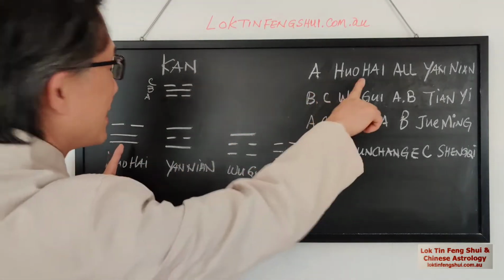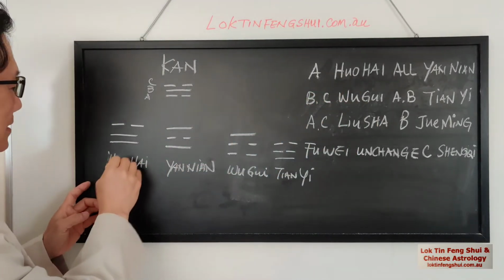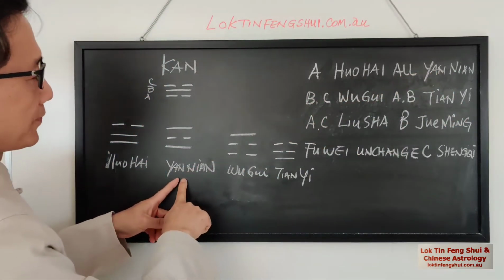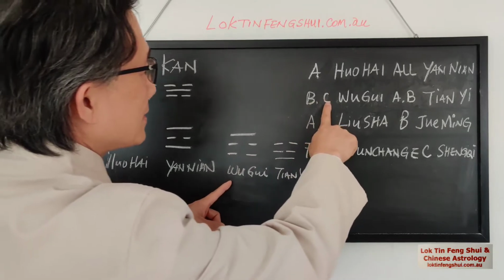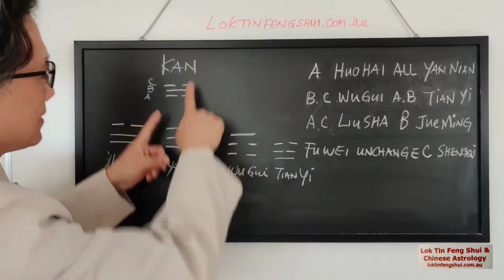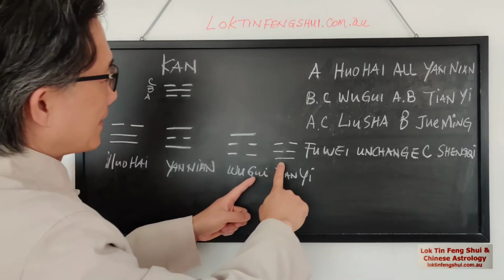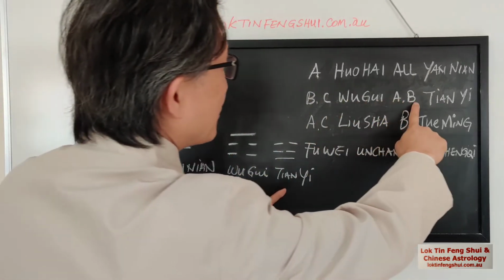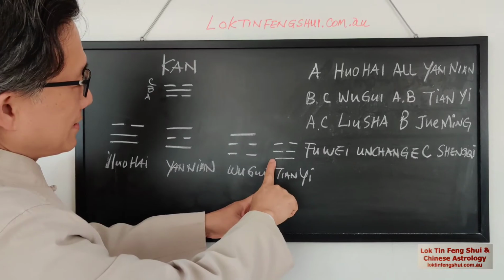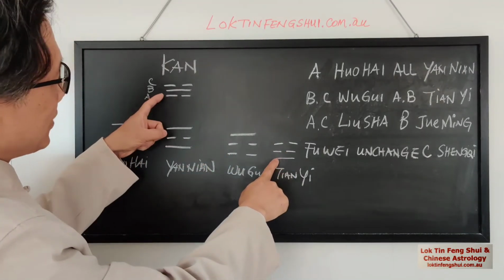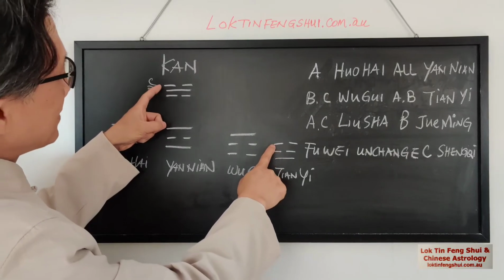So we have the sentences now. The first one is A becomes Huo Hai. All change becomes Yan Nian. And then B and C become Wu Gui. And then A, B become Tian Yi: A changes, B changes, C unchanged.